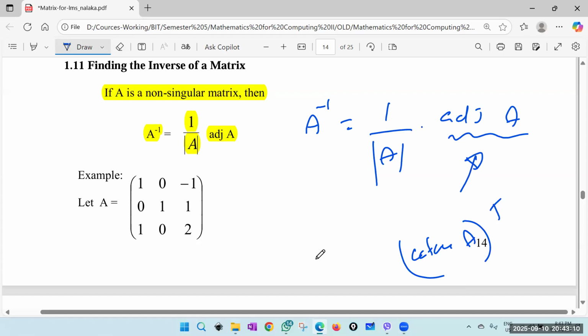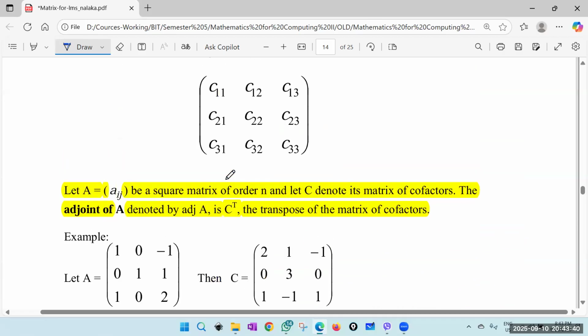So then you must know how to find the cofactor matrix. Every matrix has a cofactor matrix, and every cofactor matrix, of course, we can transpose, right? Transpose means rows become columns, columns become rows. So now you must know how to find the cofactor matrix, because then you know how to find the adjoint matrix, which is the transpose. Right. So how do you find the cofactor matrix? There's a definition for that.